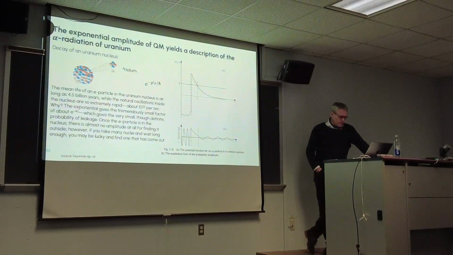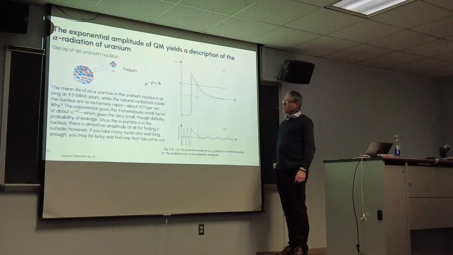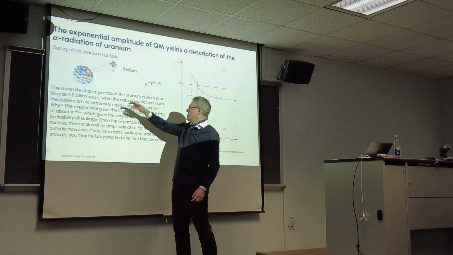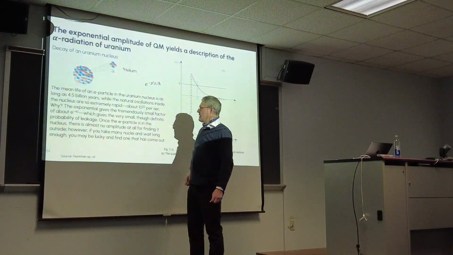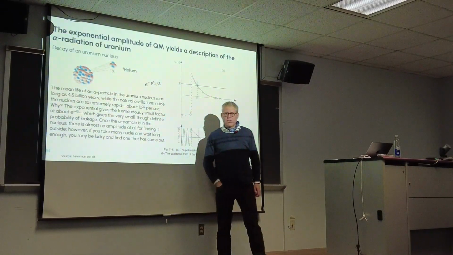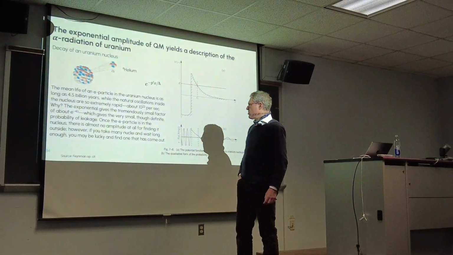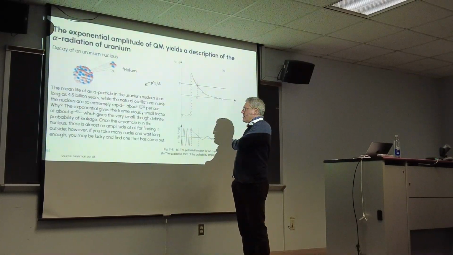But the nucleus has energy as well. So in the nucleus, the alpha particle oscillates inside 10 to the 22 times per second. That's really very fast, right? That's the oscillation velocity of a uranium nucleus. Now, why is it like this?